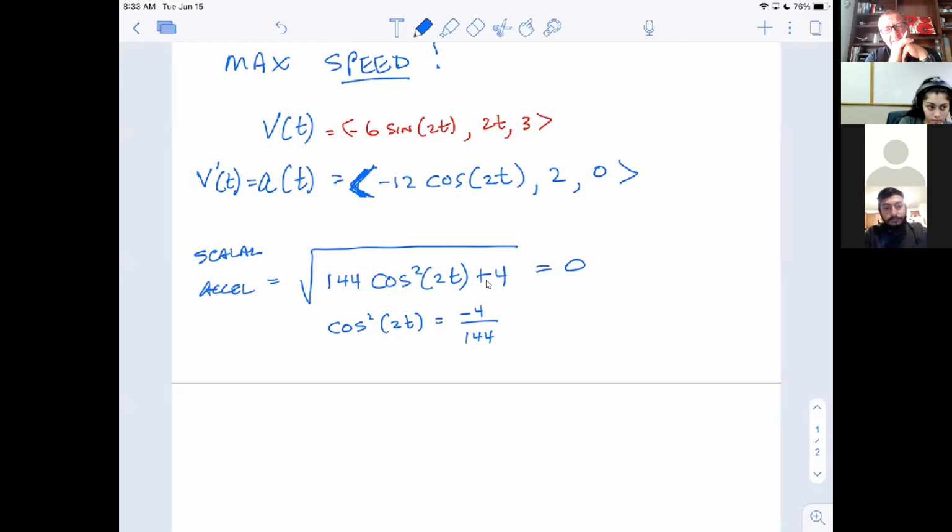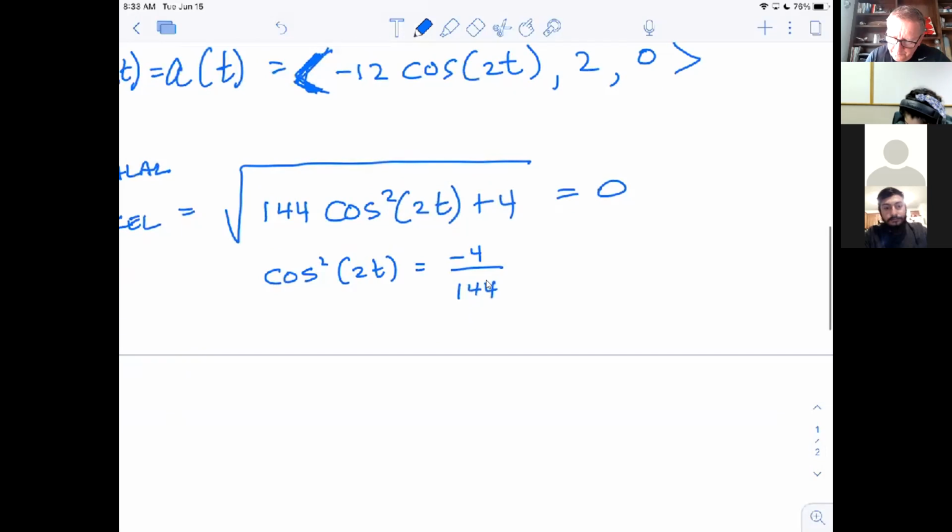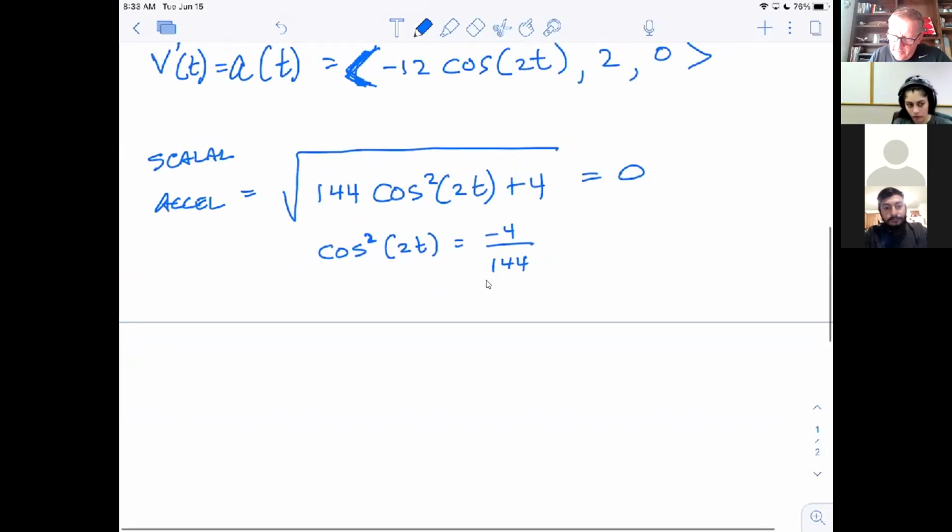So I'm wondering, can I take the absolute value of this and sort of proceed as though it was 4 over 144, or is that not okay to do? Not sure. Thinking about that. Let's proceed with that and just see what happens. It's the whole fun of math. So that may not be okay, but let's figure it out anyway.